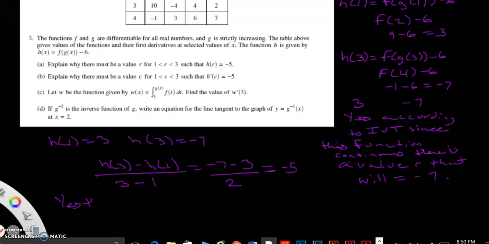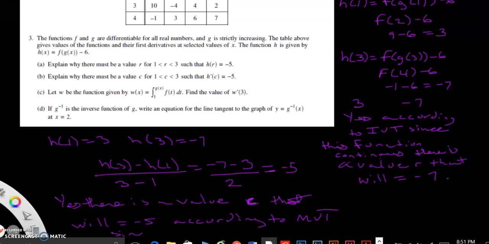Yes, there is a value c, since it's talking about c, where h prime of c will equal -5, according to MVT, since this function is continuous and differentiable.